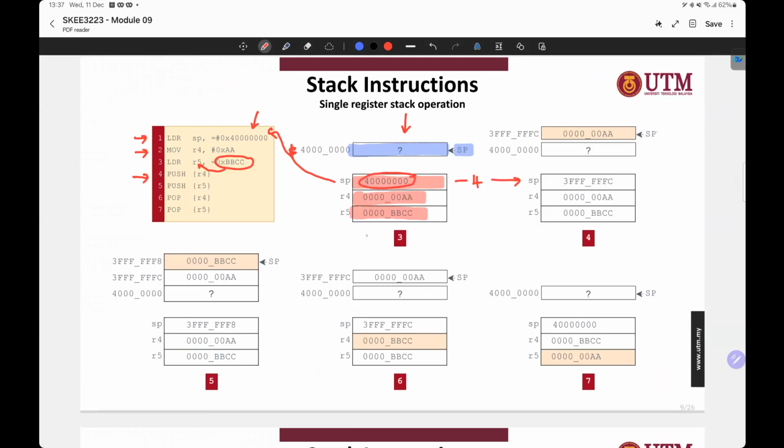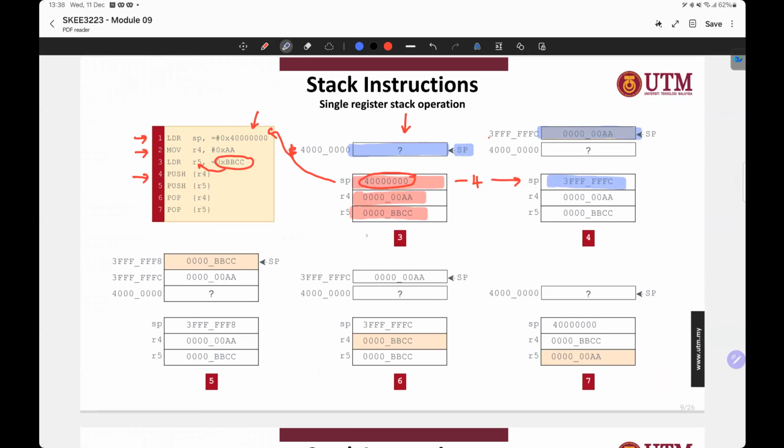That's why you can see here at this address 3FFFFFFC, your stack pointer points to this address, after you subtract 4 from the stack pointer. Why 4? As I mentioned earlier, 4 bytes, because we are dealing with a 32-bit number.